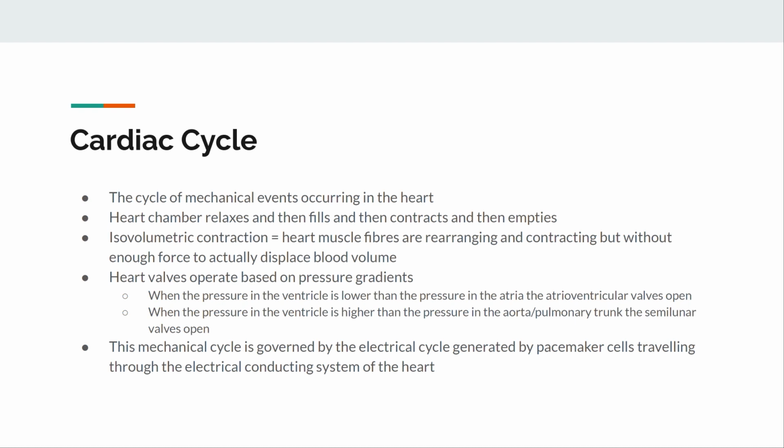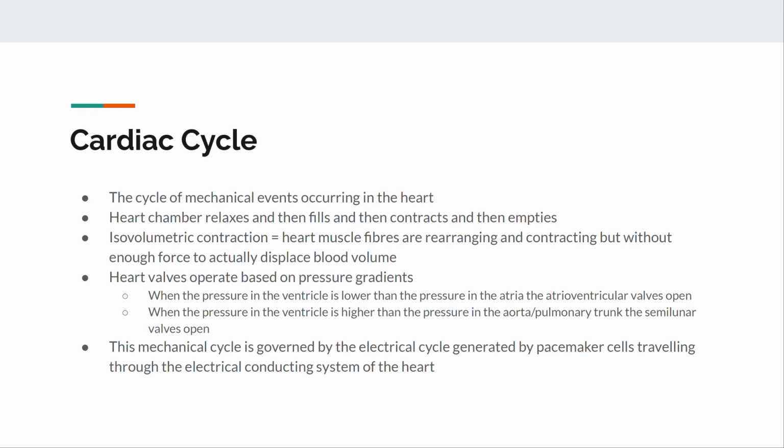And there's this term isovolumetric contraction, which I never really understood until I eventually understood it, where the heart fibers are rearranging themselves to generate force, but it's not actually enough force to displace the blood volume. So there's no movement of volume, that's why it's isovolumetric, but the muscle is contracting during that phase. It's actually the phase where the most ATP is used in the heart. That's a fun trivia fact.